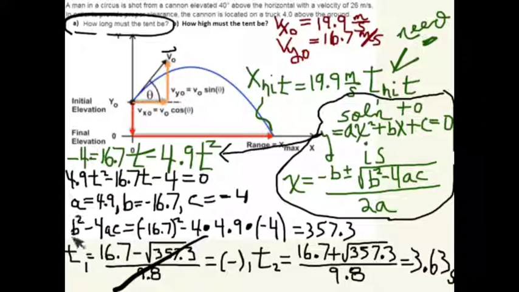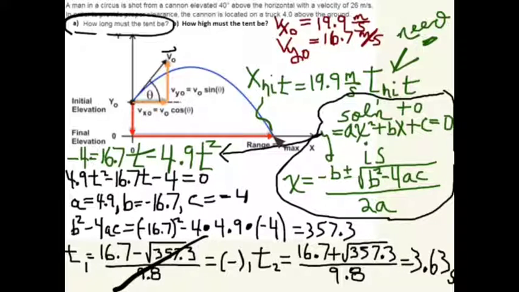We solve for b squared minus 4ac, the thing that's underneath the radical, to see how many solutions we have. When we do that, we get a positive number, 357.3, which tells us there are 2 real solutions. So we need to know when the human cannonball hit the floor, or when position y is equal to 0.